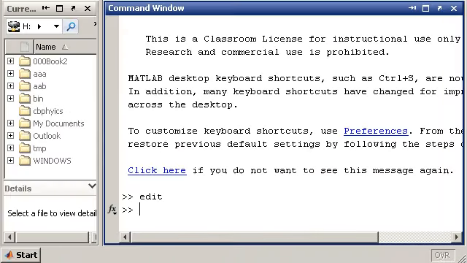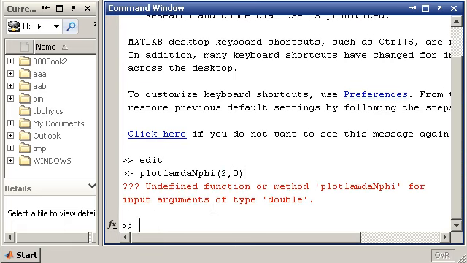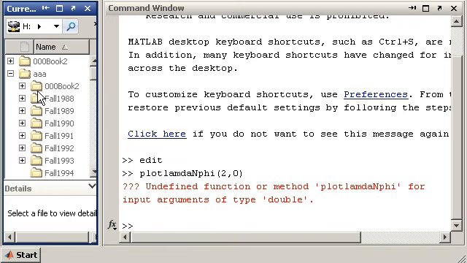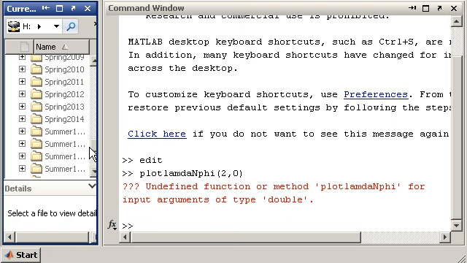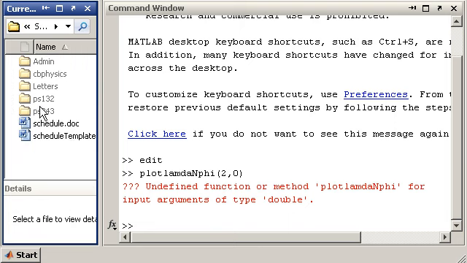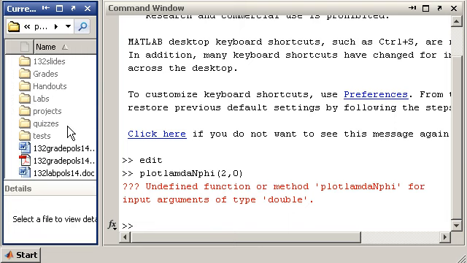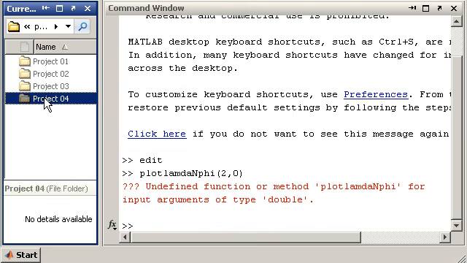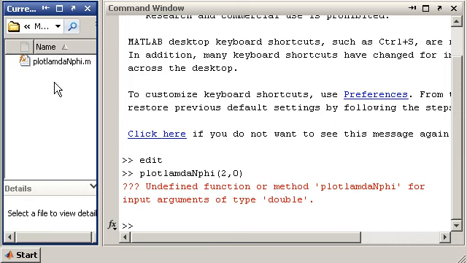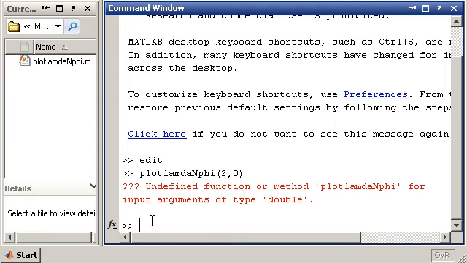And then I want to go to the MATLAB window and try running it. 2 comma 0. I'm going to switch to the right directory over here. Okay, projects, where are you? Try that again.